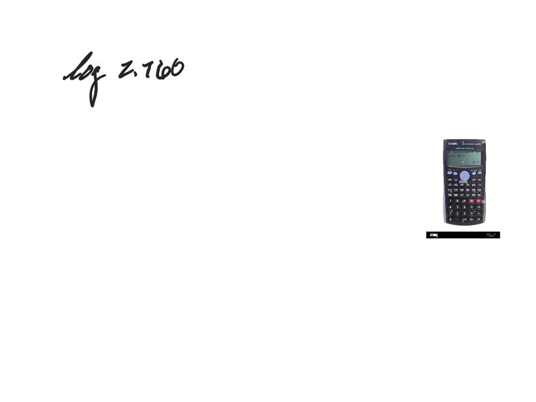So the way you do this on your scientific calculator, if you have a calculator similar to the one on the right, you push the numbers 2760, and then you push the log key. And it should give you a number similar to 3.4409, and it goes on and on.